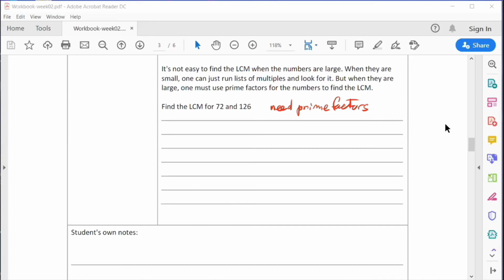So if you build a factor tree, you do something like this. You can do 72, and then you break it up into something like 36 and 2. So 2 times 36 gives you that. And 2 is already a prime, so you don't worry.